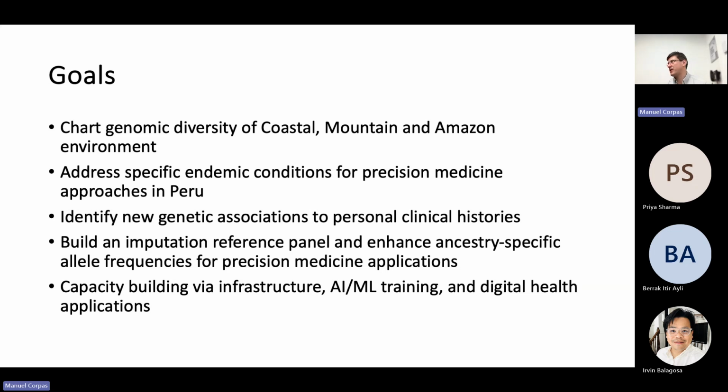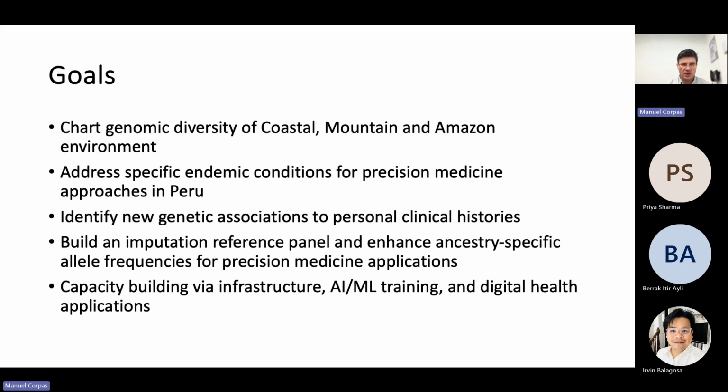Otherwise, it's not going to work very well. So we want to build for this a reference set of genetic differences that could help us identify those genetic bits that are clinically relevant for these populations and nowhere else, with the subsequent objective of building capacity, because there's not a lot of infrastructure or skill development within the region.